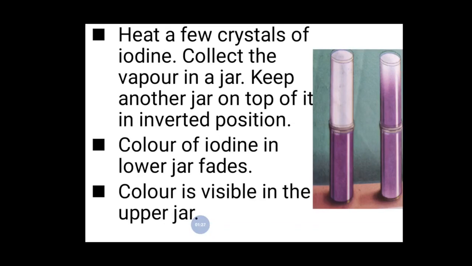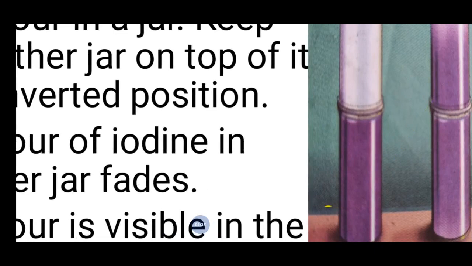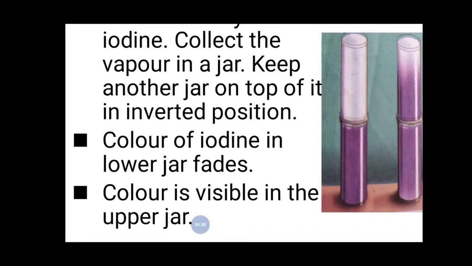What happens? You can see that the color of iodine in the lower jar fades. In the second picture you can see that the color of iodine has faded. What is the reason? This lower jar contains iodine vapor. It flows to the upper jar.